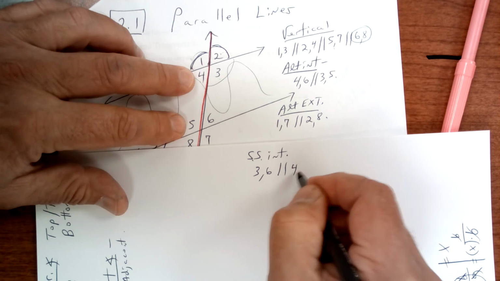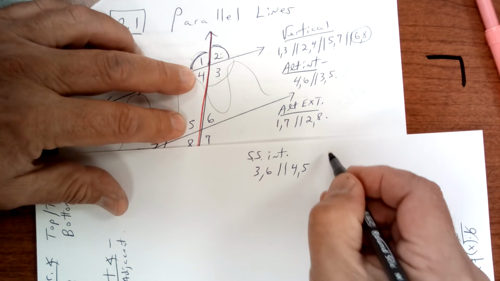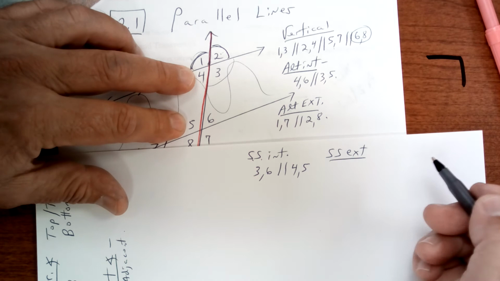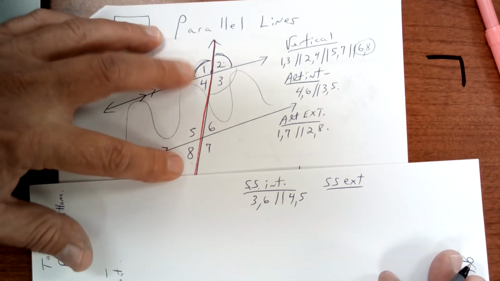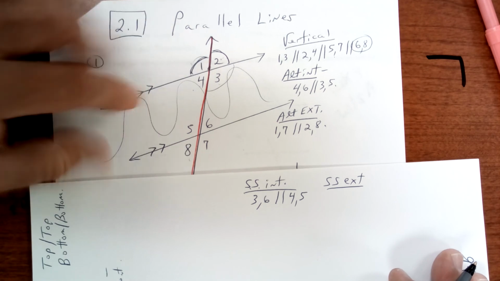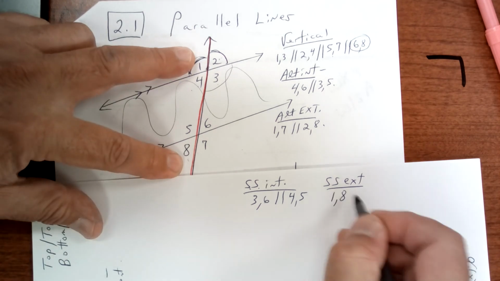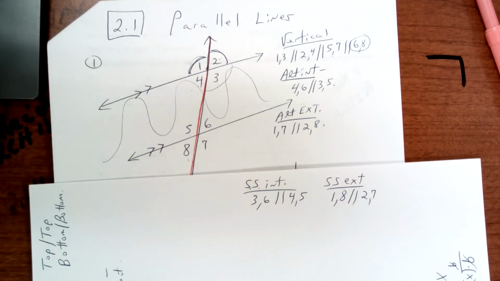Those are called same side interior. And then the last one I'm pretty sure is called same side exterior. So same side exterior would be on the same side of that pink line, but it's on the outside, not the inside. So it'd be 1 and 8, and it would be 2 and 7. And I think I gave you all the different types of angles.